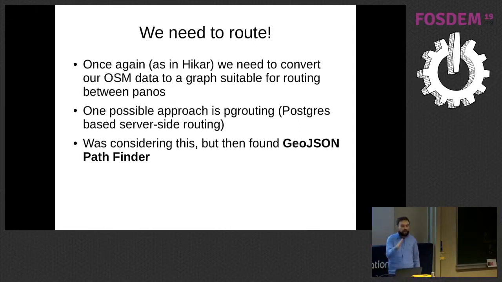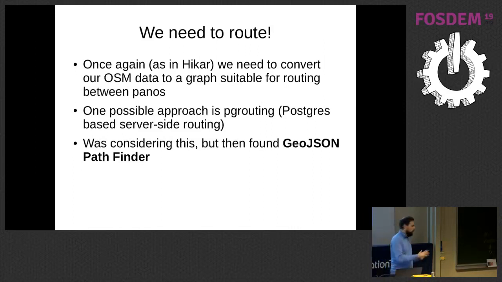The actual panoramas themselves get inserted into the graph as vertices. So the graph we produce contains junction nodes from OpenStreetMap, but also the panoramas themselves. In that way, you can route directly from one panorama to another over the graph.